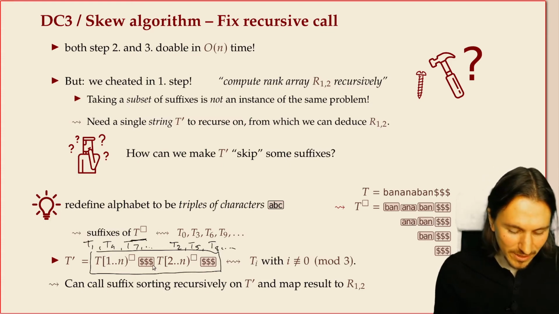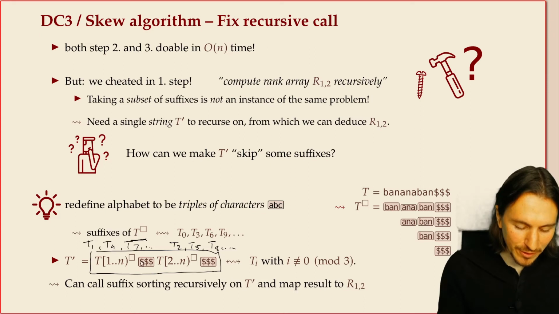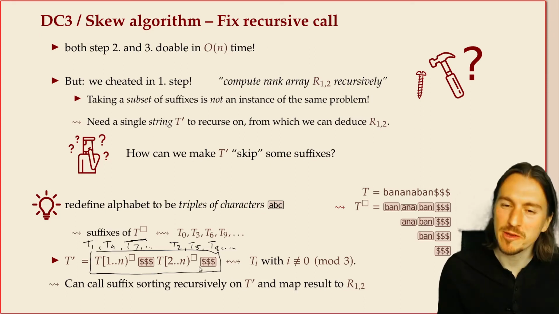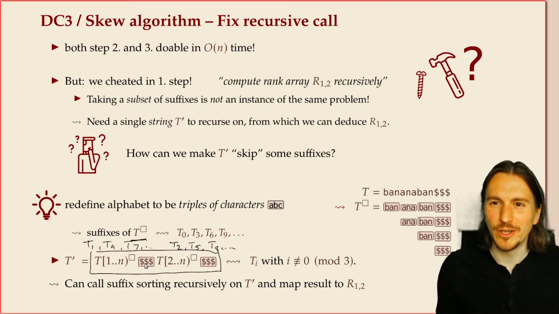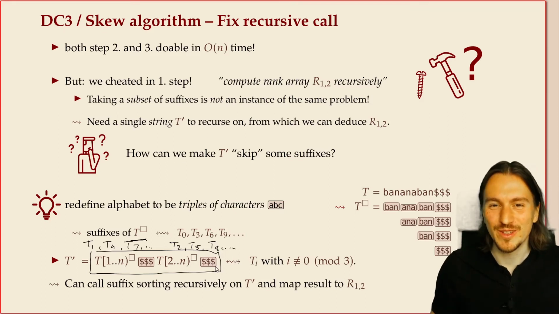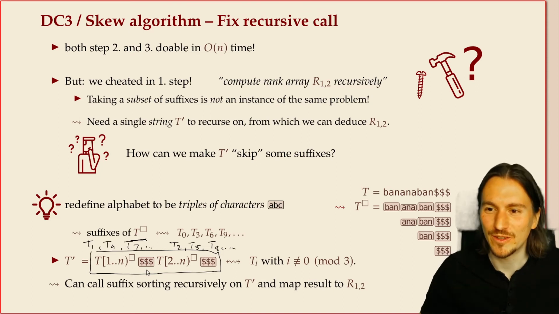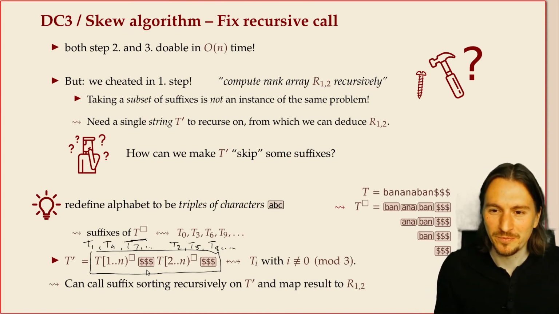Okay, so that means even though suffixes of this text are either starting with something here or starting with something here, there will always be a $, so that for those ones that start here, they have this long tail of the entire copy of the text, but we can ignore that because once we see the $, we can actually stop comparing.